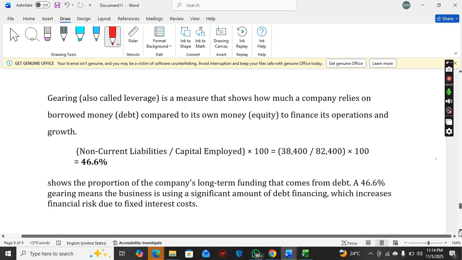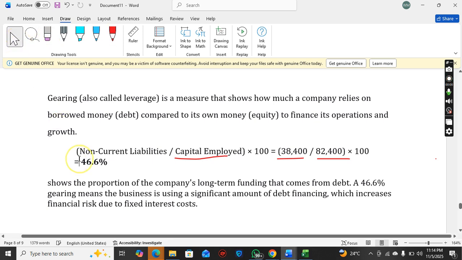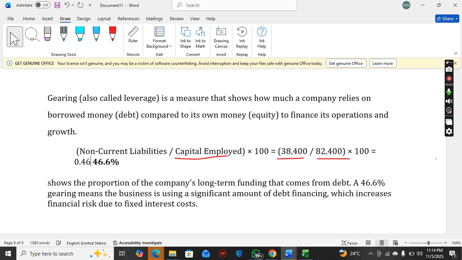So out of your total long-term financing, which is your capital employed, you work out how much is debt, which is the non-current liabilities. The non-current liabilities are 38,400. Capital employed, the money for long-term financing, is 82,400. So 38,400 divided by this times 100, you get 0.466, which is 46.6%.